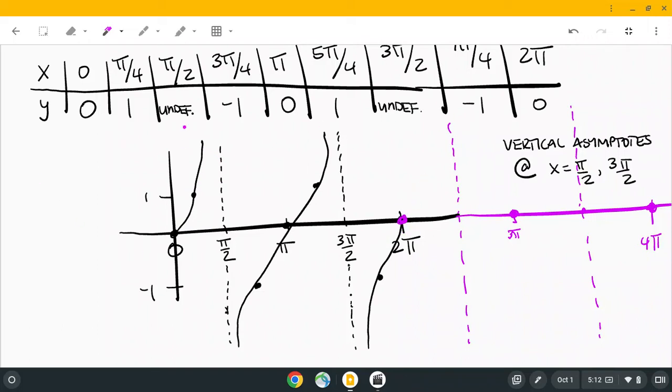We will have this piece, drawn kind of weird, and then this piece will start over here, and then this lower piece will start.